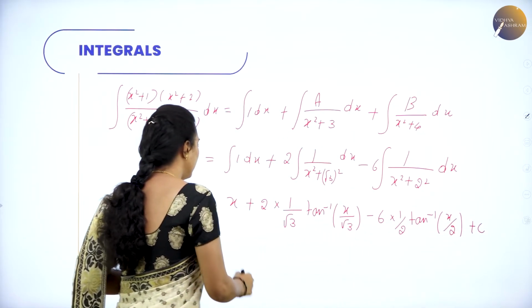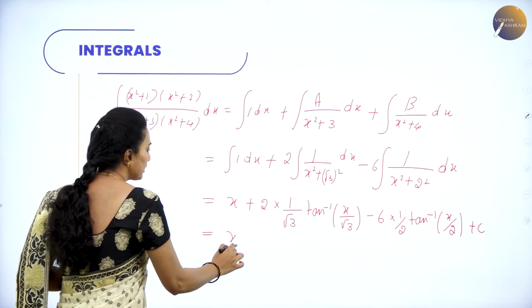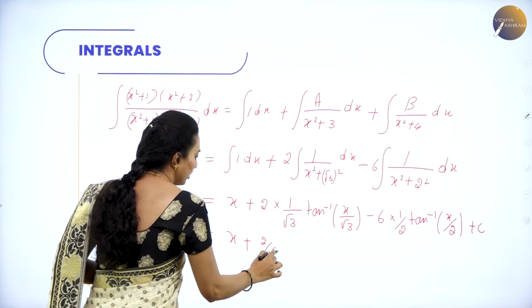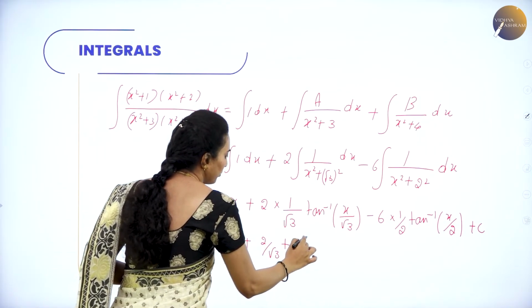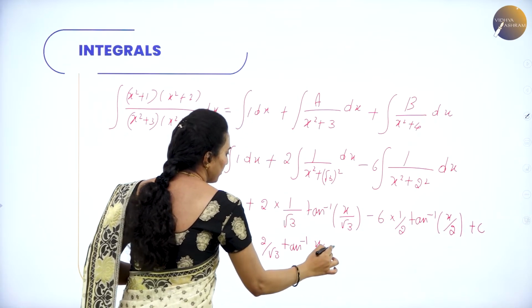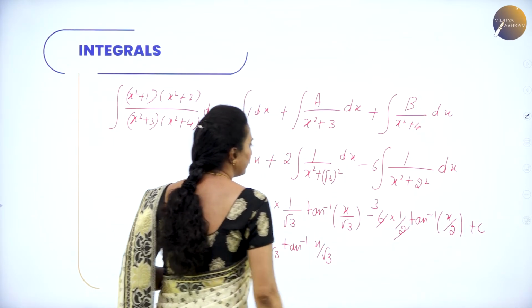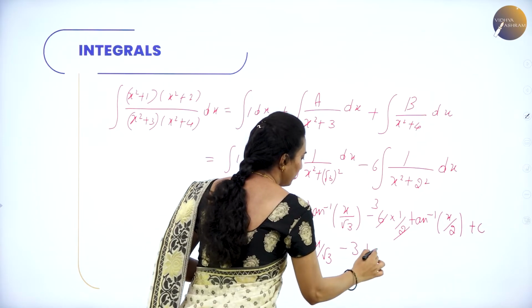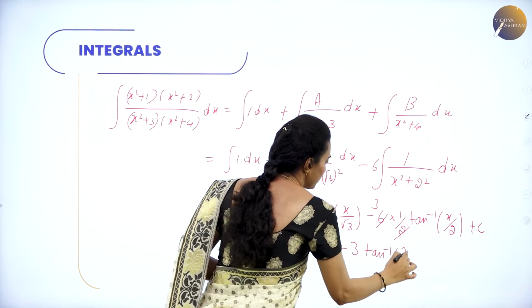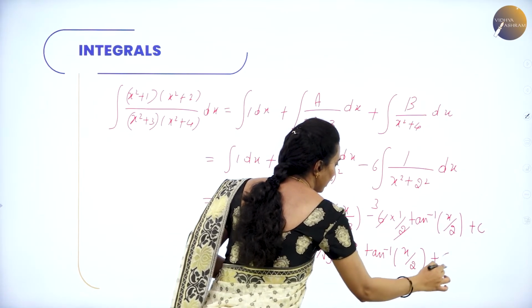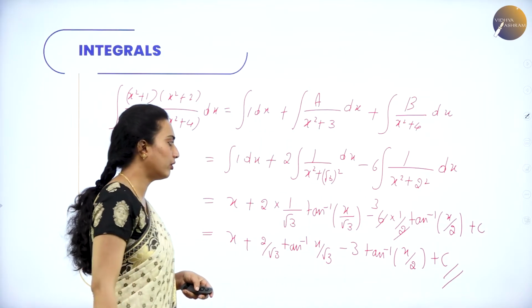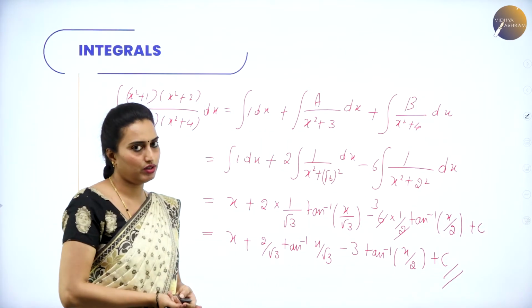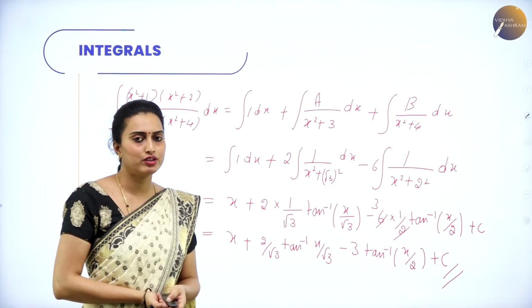Now this implies x plus 2 by root 3 into tan inverse of x by root 3, and 2 ones are 2, 3 twos are 6, which will become minus 3 into tan inverse of x by 2 plus c. And this is your final answer. You are going to get it as, dear students, I hope you understood this one.